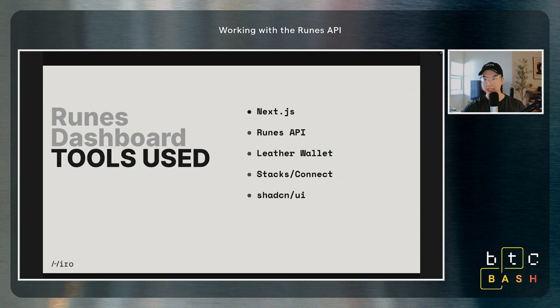We'll also be using Stacks Connect, which is a JavaScript library, part of the Stacks.js monorepo. Stacks Connect is the piece that enables our front-end application to communicate with your Bitcoin Web3 wallet extension. So we'll be using that to connect our Leather wallet to our application.